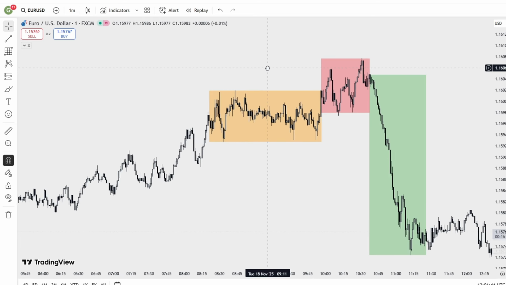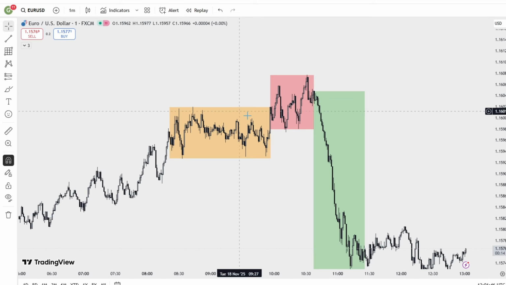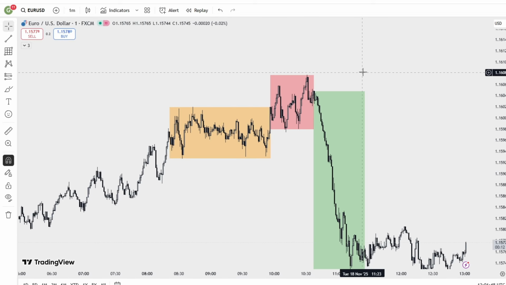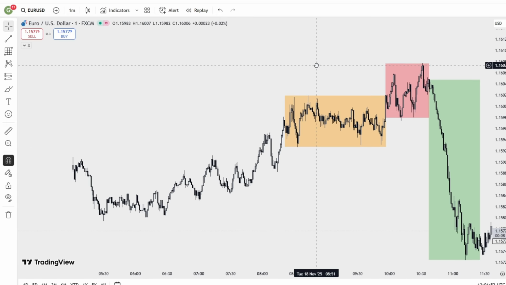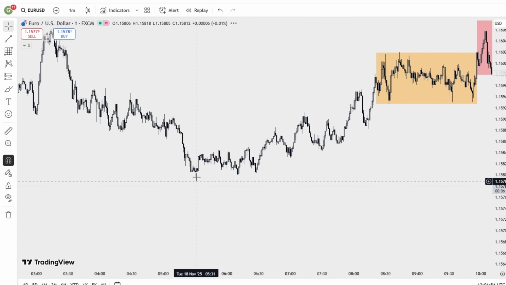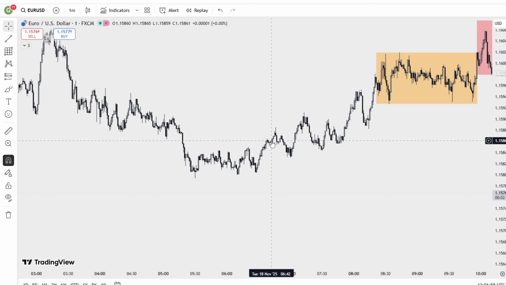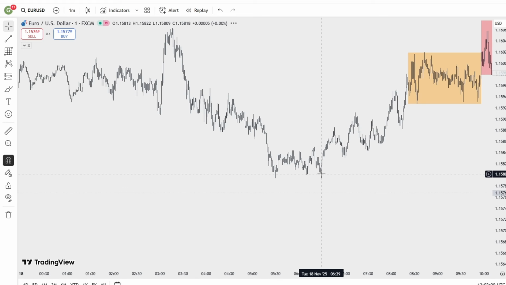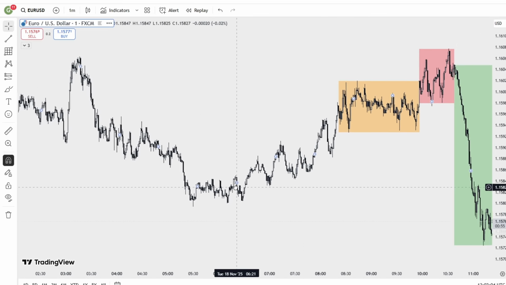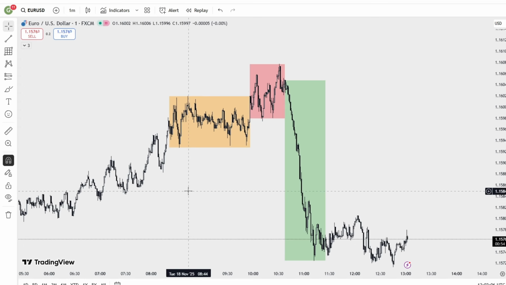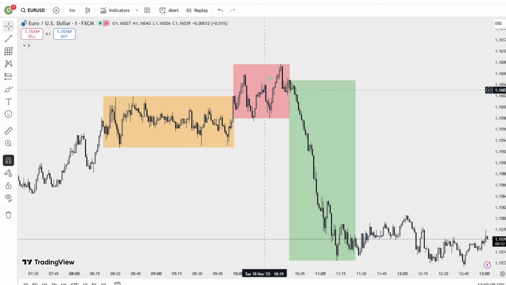Okay, and after the accumulation you have a manipulation. How will you know the manipulation is a valid one? If you see here you got accumulation too, and you say, oh, this is a manipulation, right? No, this is not, because you don't have any key levels behind it. I'll talk about it, but this is the manipulation.